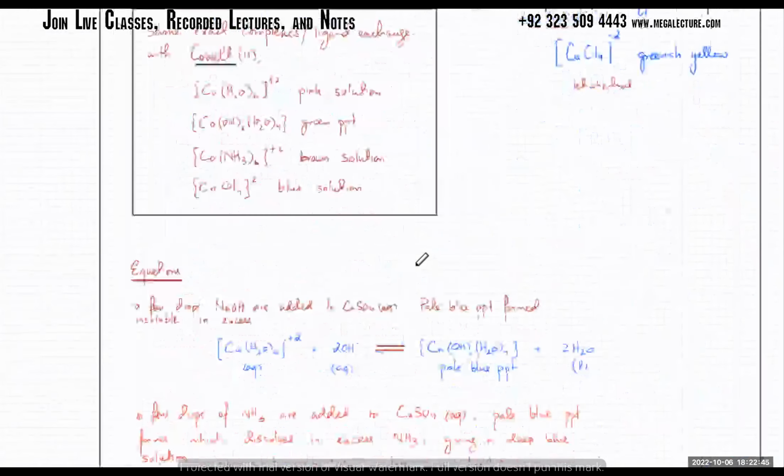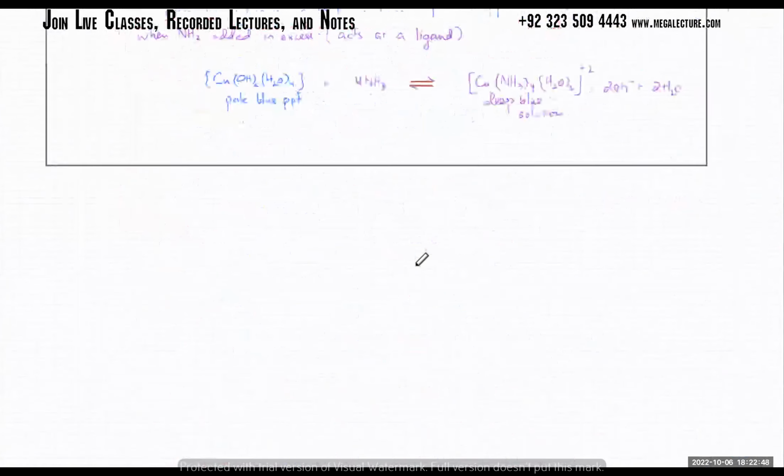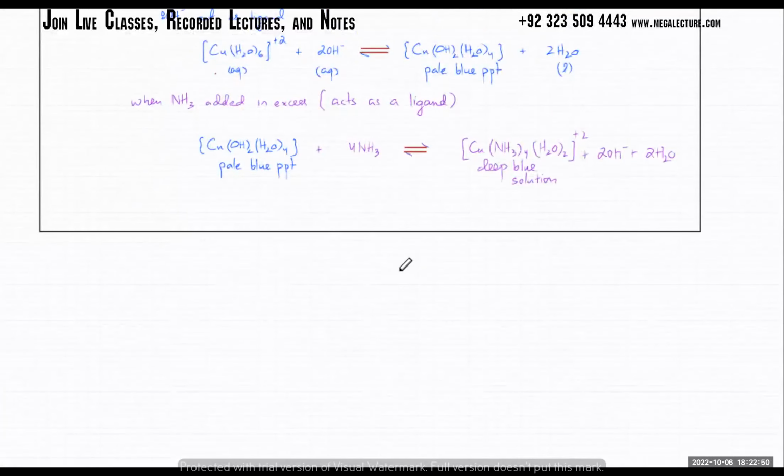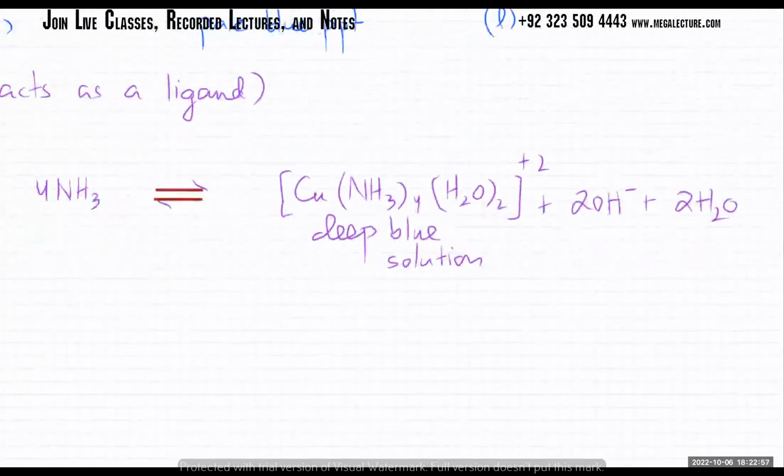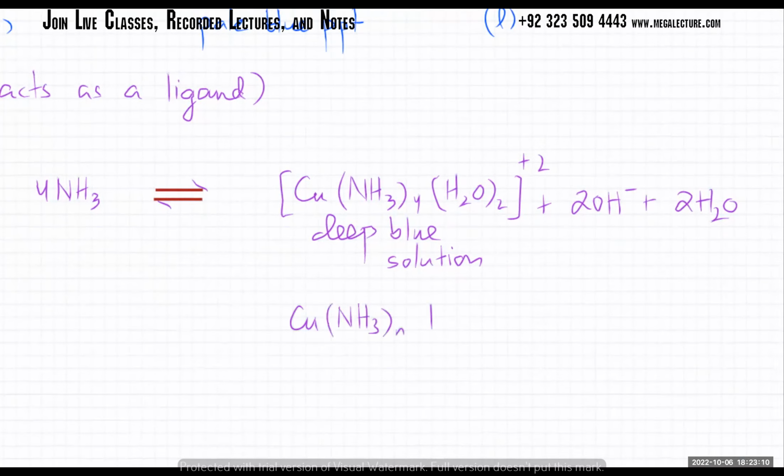So there, for the sake of clarity, I'll write a general option where I can have n NH3s and 6 minus n water molecules.